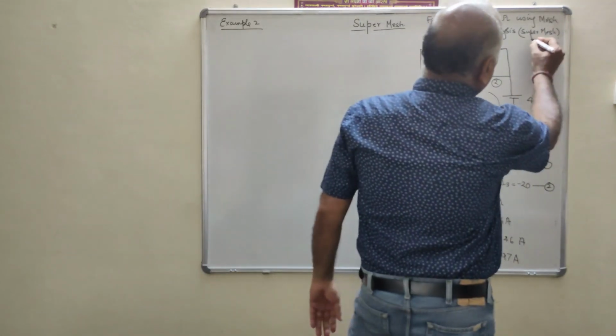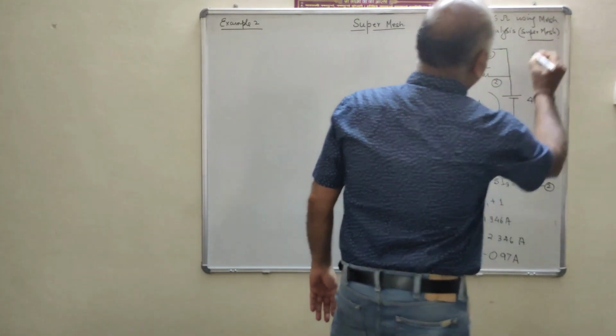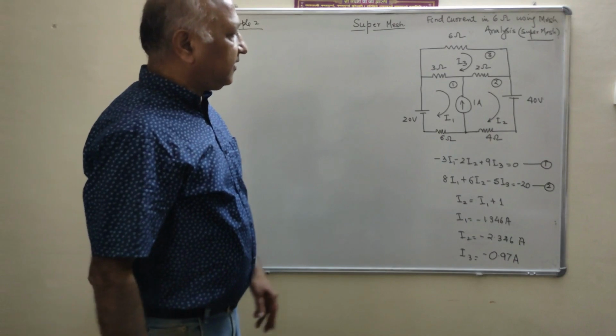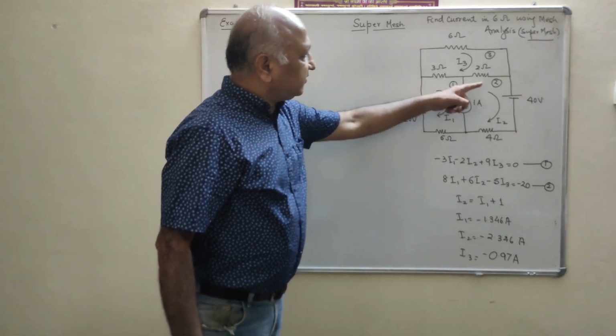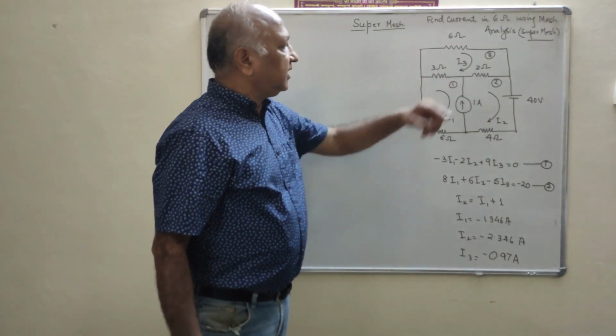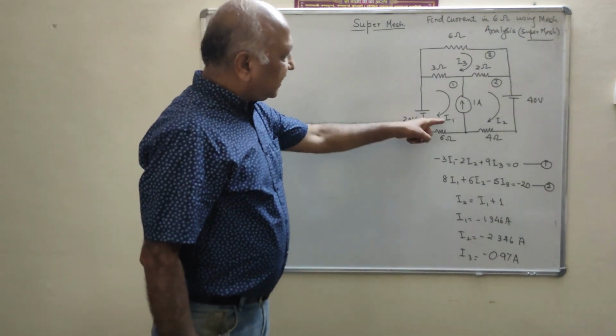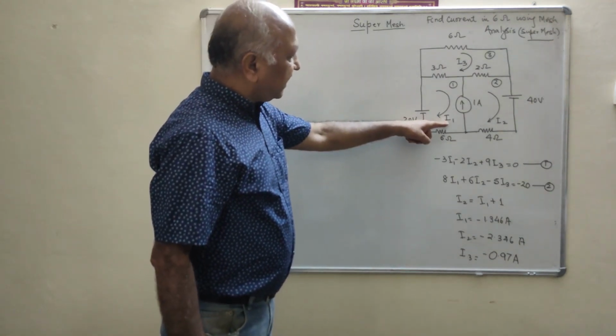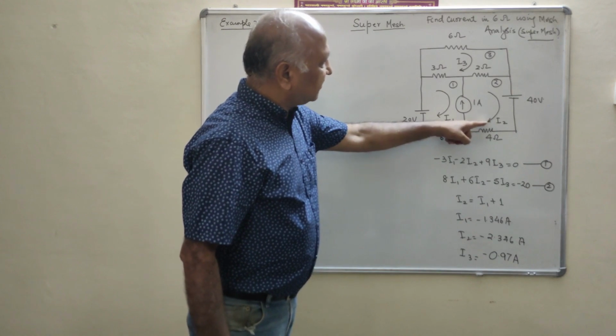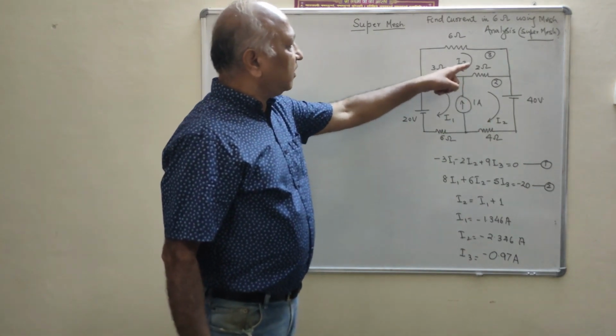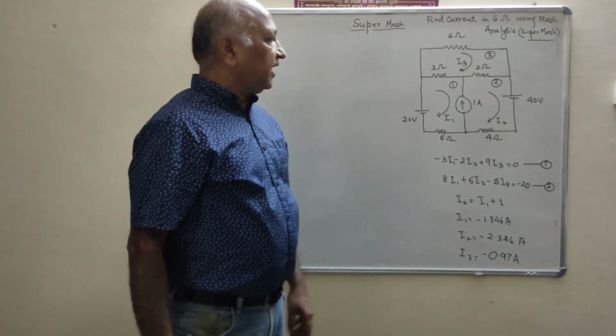Because we are applying the super mesh, I write down this is the super mesh. This is mesh 1, this is mesh 2 and this is mesh 3. Let the mesh current for mesh 1 be I1, for mesh 2 it is I2, and for mesh 3 it is I3.